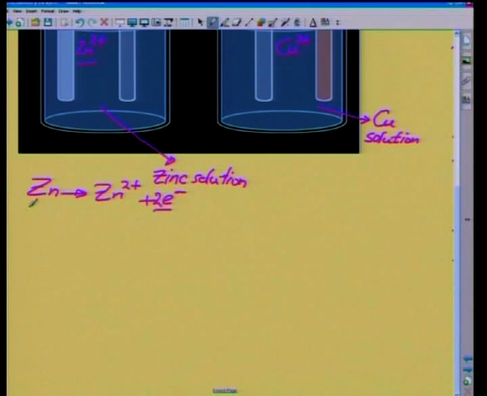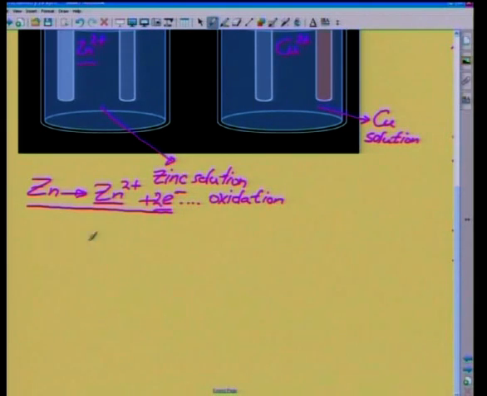So this is the process happening on the zinc electrode. The neutral solid zinc loses electrons to become Zn2+ ions, and there are the electrons that are lost. Now, what did we say losing of electrons is called? Losing of electrons is called oxidation. So we see zinc here undergoing oxidation.